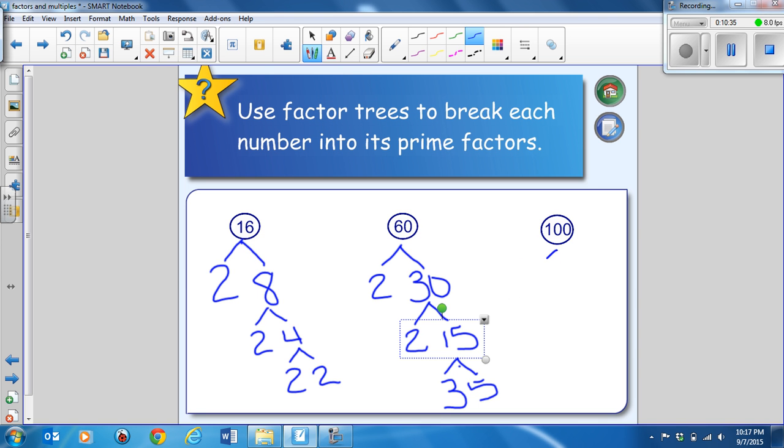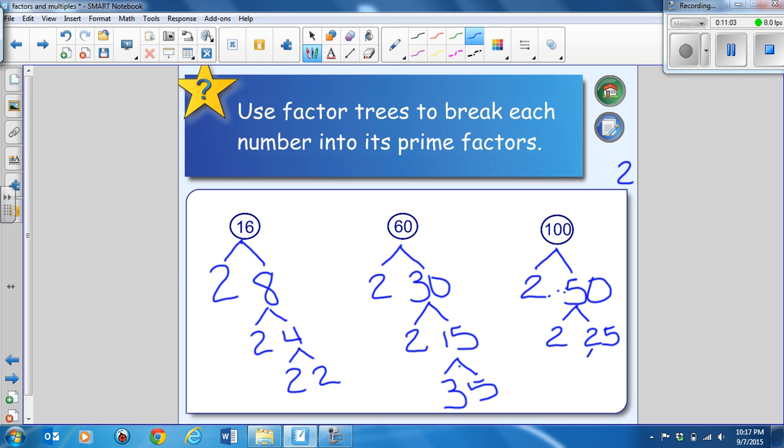And for the last one, I'm going to do 100. So I'm going to do 2 times 50, because I like starting with my smallest number, 2 and 50. And then I'm going to break down 50. Again, because it ends in 0, this is an even number, so I can divide by 2. 2 and 25.